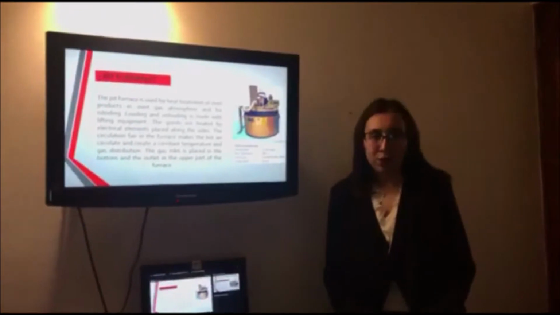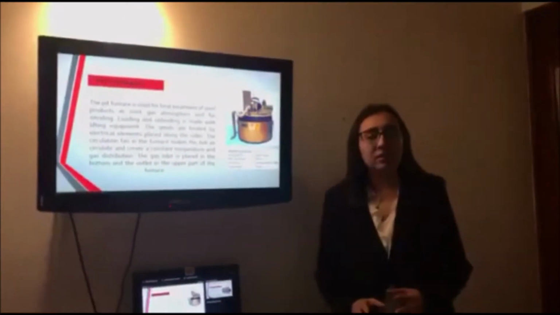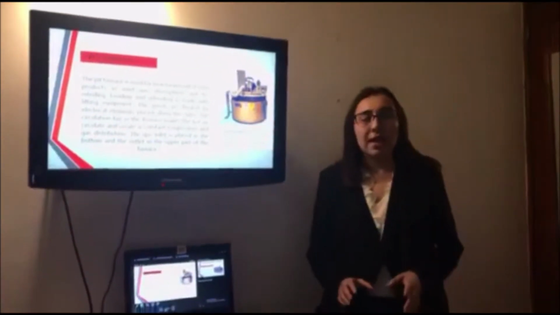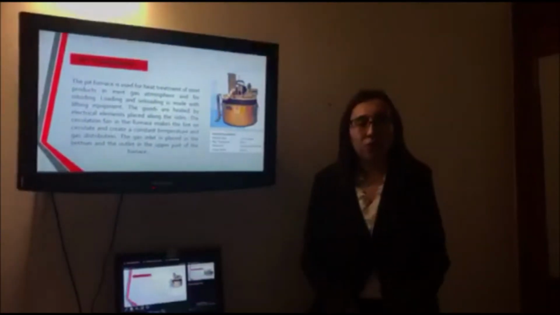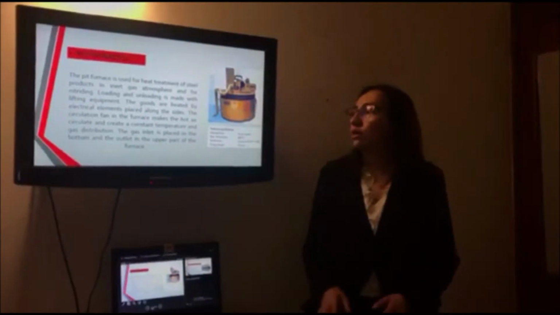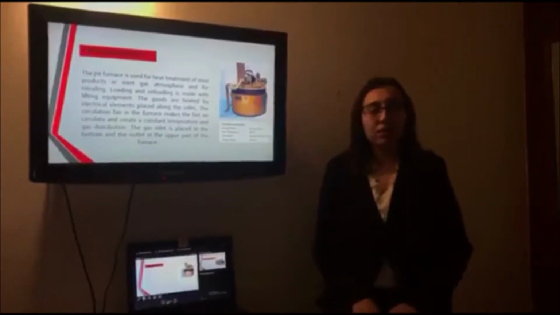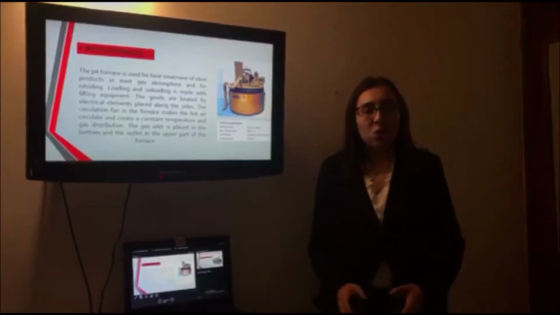The pit furnace. The pit furnace is used for heat treatment of steel products in an inert gas atmosphere for nitriding. The loading and unloading is made with lifting equipment.